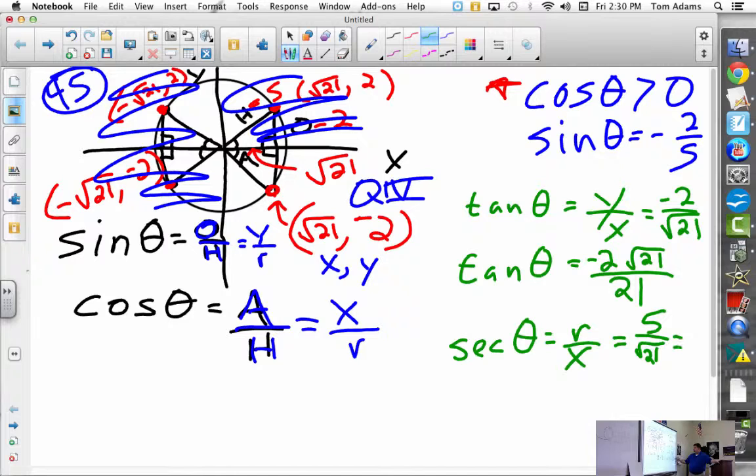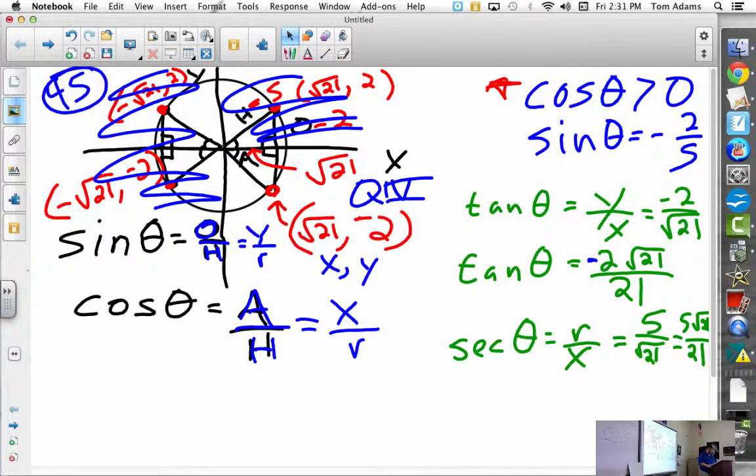Square root of 21. So it's 5 root 21 over 21. Which is almost what we had before. What's the only difference? When we did it the other way, we forgot about that negative sign. Well, we didn't know about that negative sign.